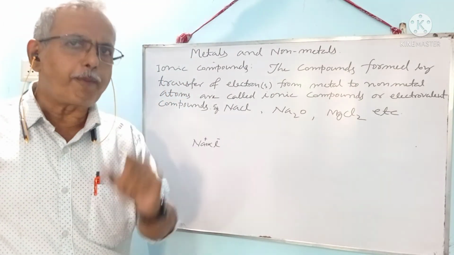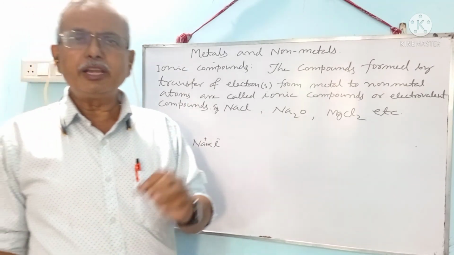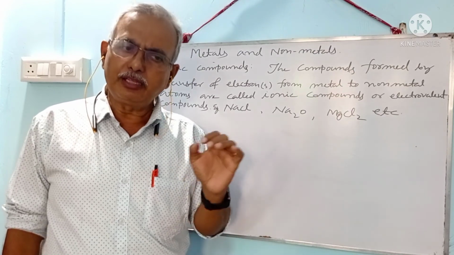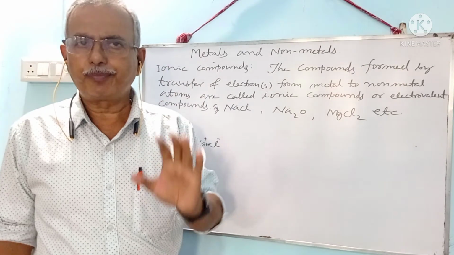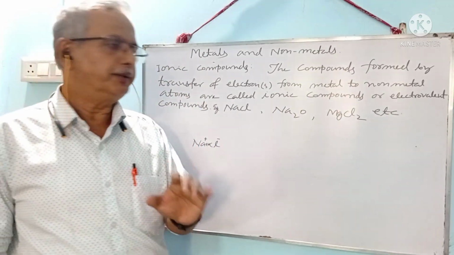Now the fourth property: ionic compounds are good conductors of electricity in the molten state or in the form of solution. These are the four very important properties.